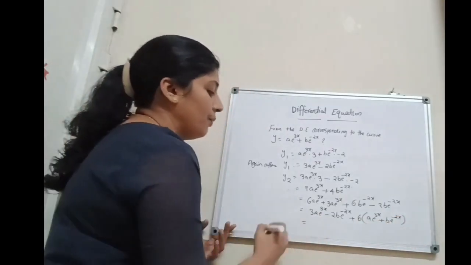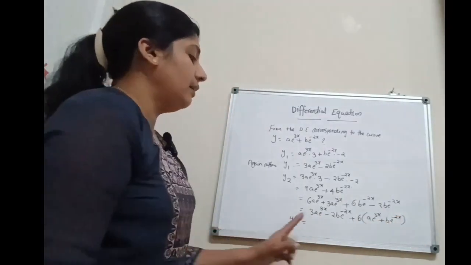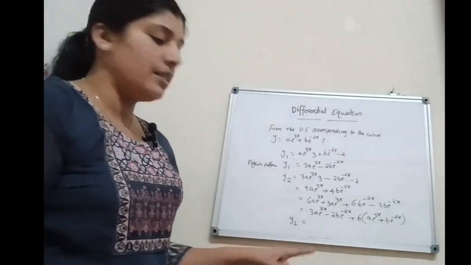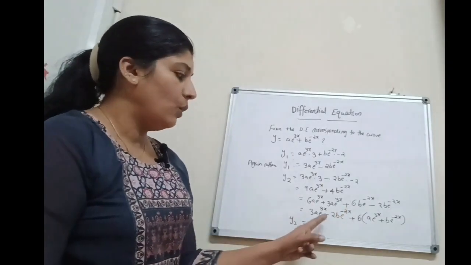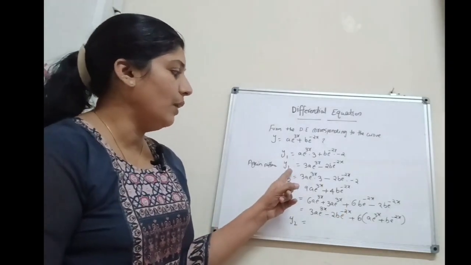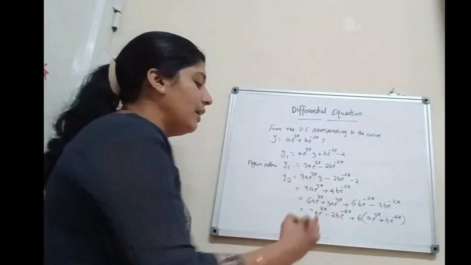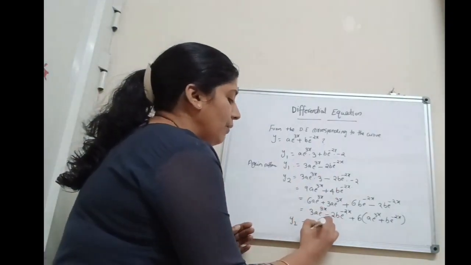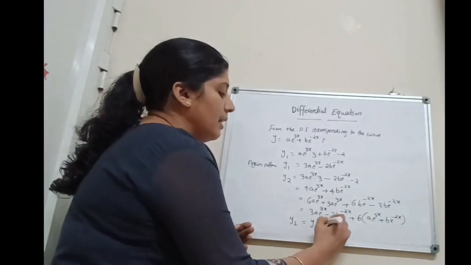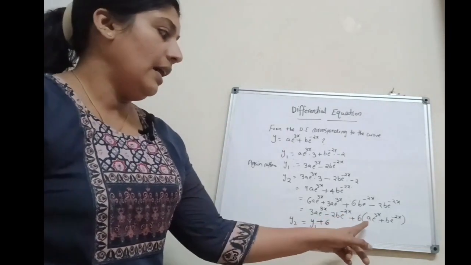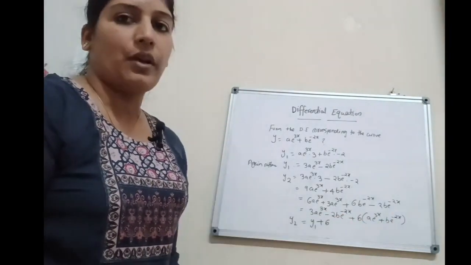Therefore, y2 equals what? 3a e raised to 3x minus 2b e raised to minus 2x. What is this? This is y1. Therefore the value is y1 plus 6 into, inside the bracket, a e raised to 3x plus b e raised to minus 2x. What is this?